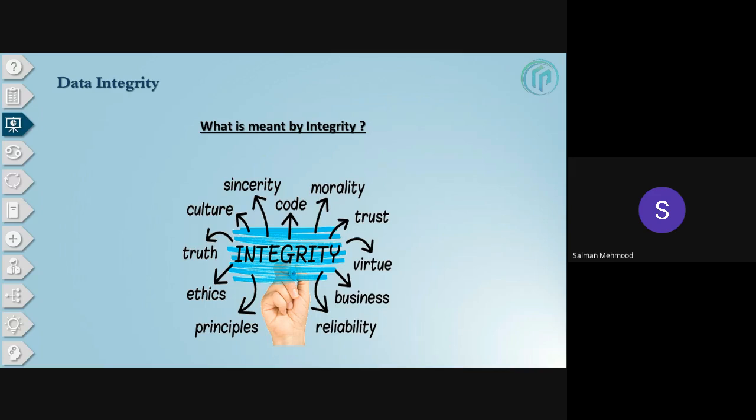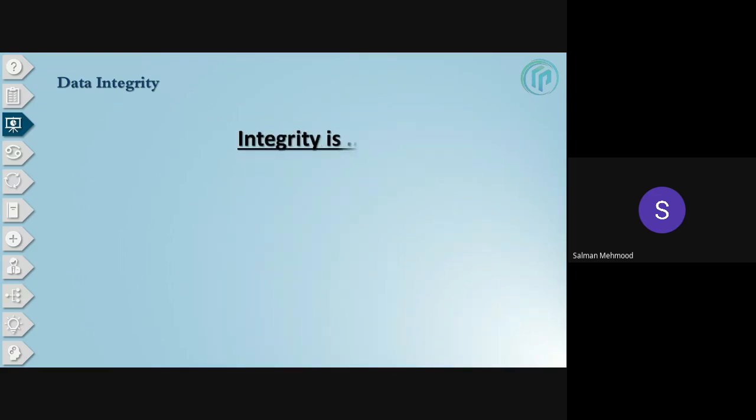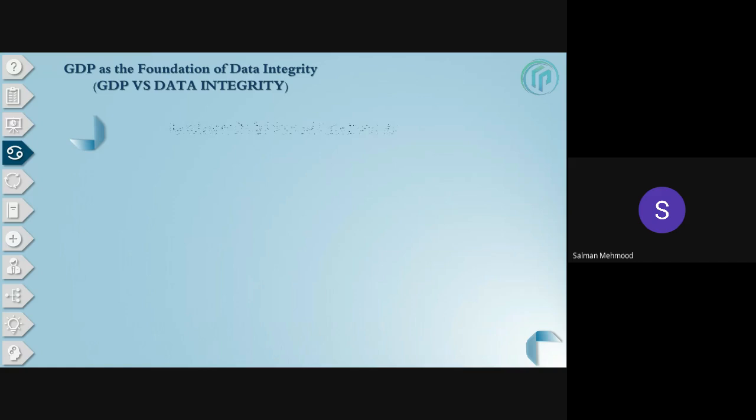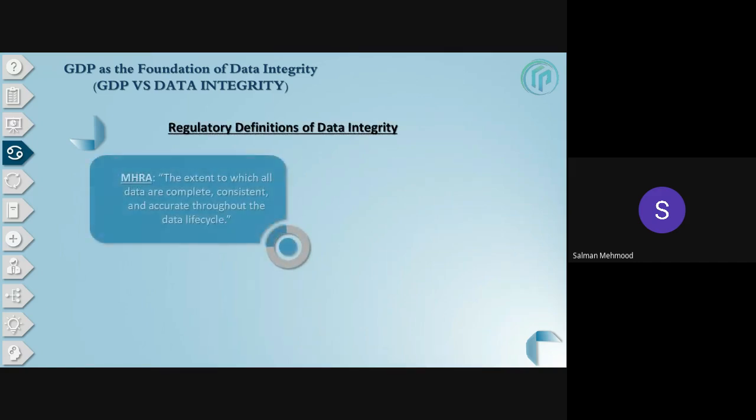Integrity means being honest and complete. When we talk about integrity, we ask, is this information genuine and unchanged? Now, regulatory definitions of data integrity.